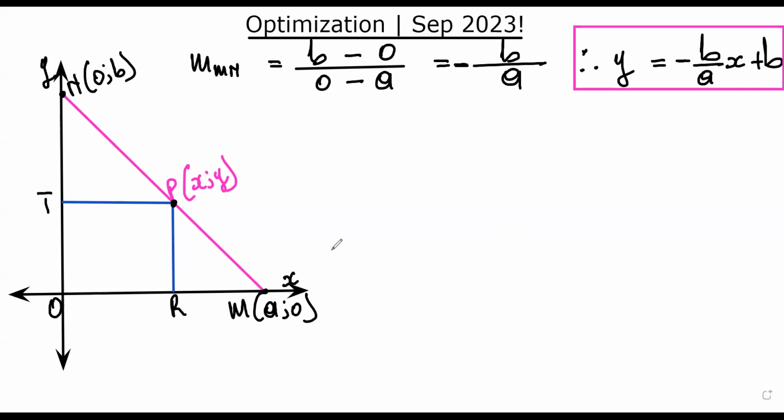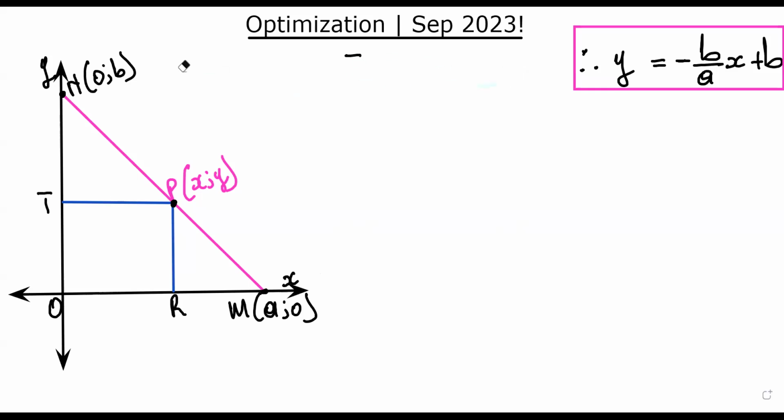Okay, fine. So let's begin by calculating the coordinates of the midpoint of the line MN. So we know that in order to find the coordinates of the midpoint, we are just going to take the x coordinate at N, which is 0, and we add it to the x coordinate at M, which is a, and we divide the whole thing by 2.